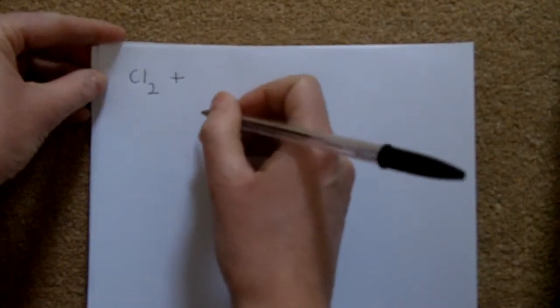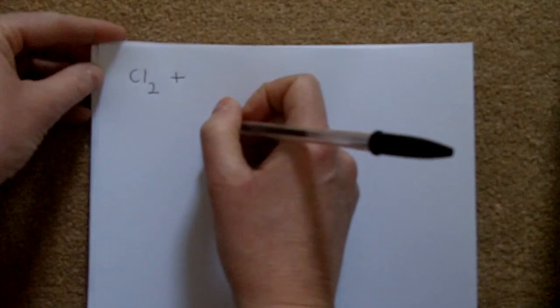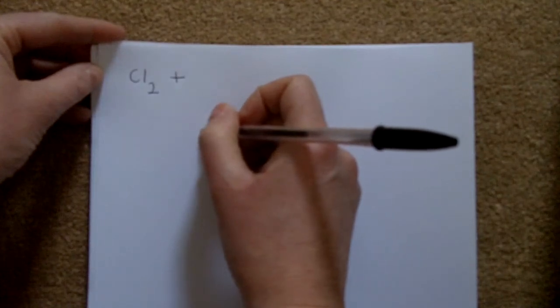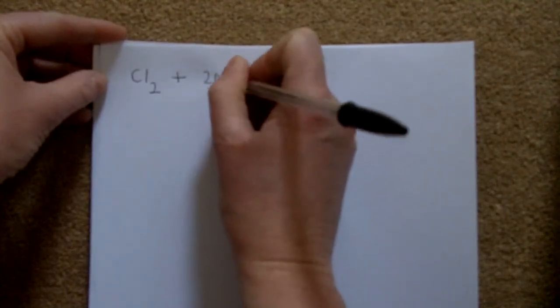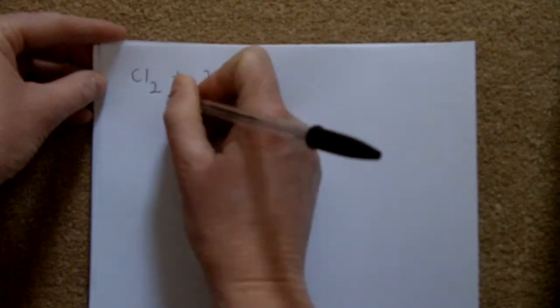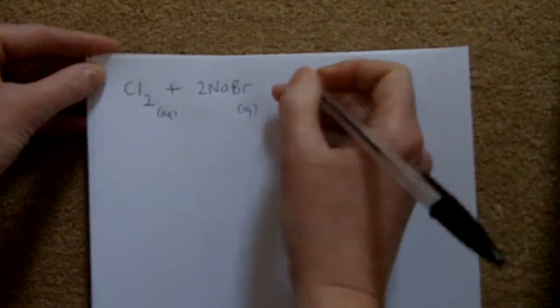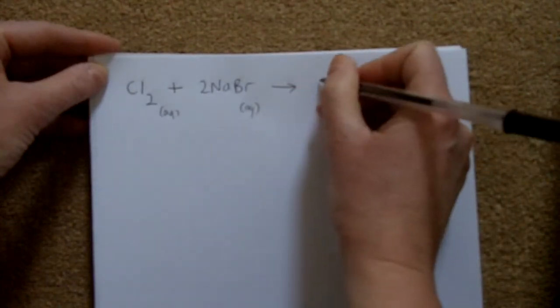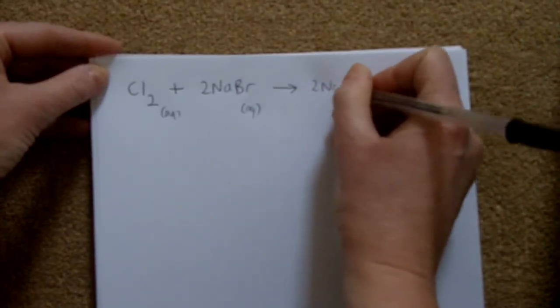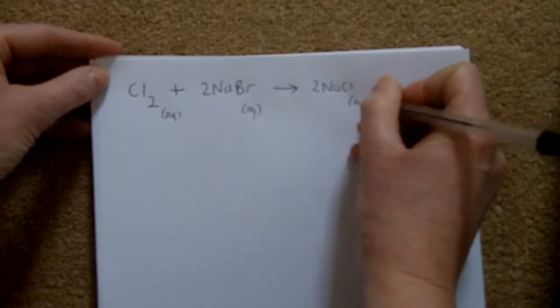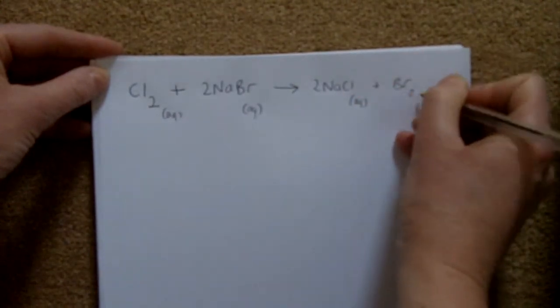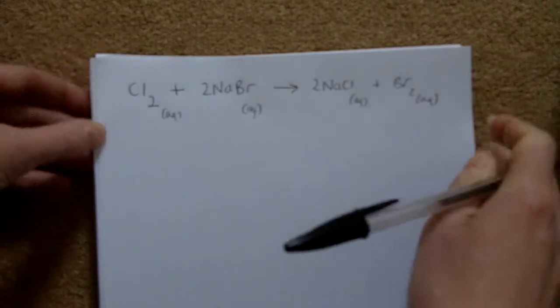So I'm reacting chlorine with sodium bromide. Let's do the proper equation first, so it's all aqueous. Chlorine and sodium bromide makes sodium chloride, aqueous, and bromine. That's the chemical equation, all aqueous.